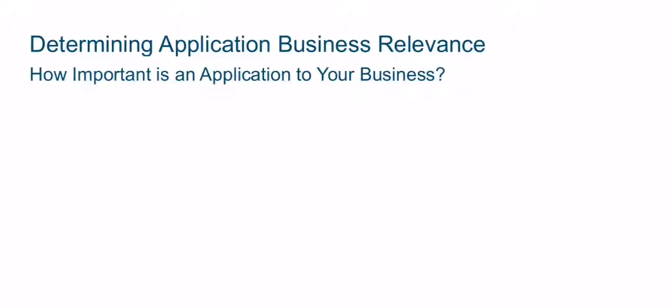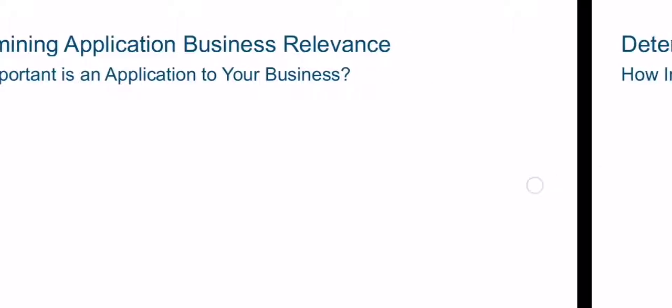Determining application business relevance. How important is an application to your business? Again, that depends on the business. Kevin Wallace was saying that whenever he was working in a company, some specific data which was meant for family entertainment was actually the most critical type of data in that business, so it was prioritized to the maximum.